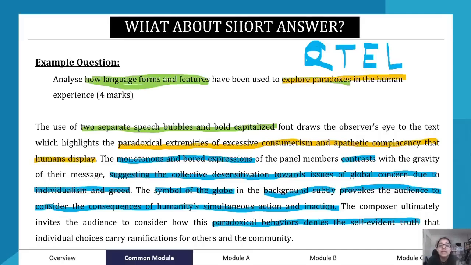What they say is, you know, it's basically they just repeat the question. So for example, the marking criteria here, for full 4 marks, it would say something like analyzes how language forms and features are used to explore paradoxes in the human experience. So they give you that liberty to have whatever interpretation you have, as long as you can actually back it up with the evidence. That's what they're looking for.